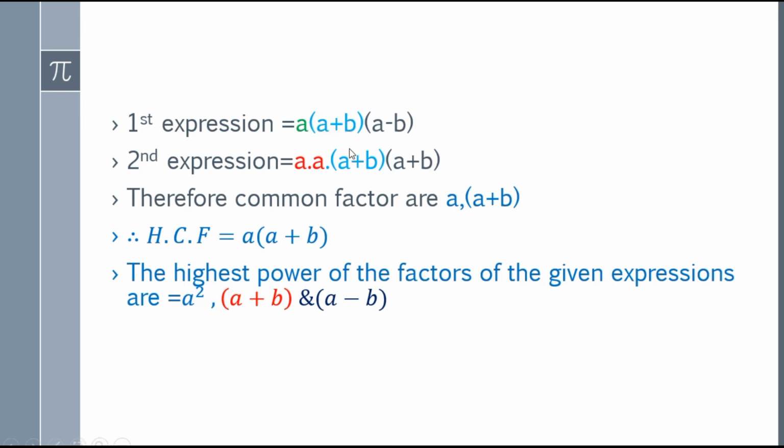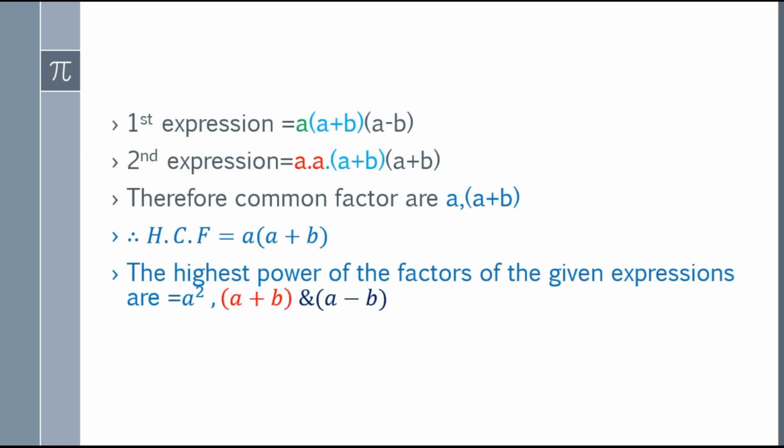And in this case (a + b) into (a + b), but here it is 2 of (a + b), that means (a + b)². In my answer I have given something wrong, sorry for that. This should be (a + b)². And in the first expression there is only one (a − b). So the ultimate result, the LCM, would be a² into (a + b)² into (a − b).